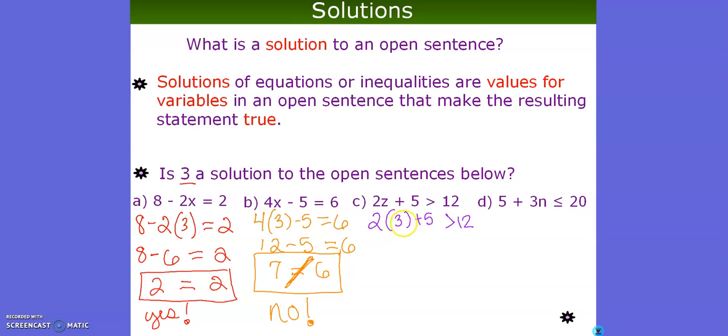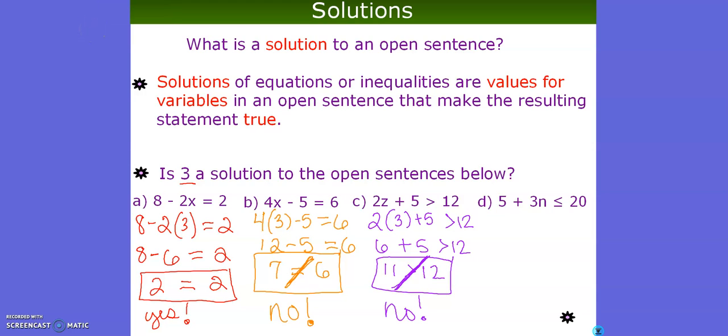So let's see. 2 times 3 is 6, plus 5 should be greater than 12. 6 plus 5 is 11. That should be greater than 12. Is 11 greater than 12? No. So this is not true. So 3 is not a solution to that expression.